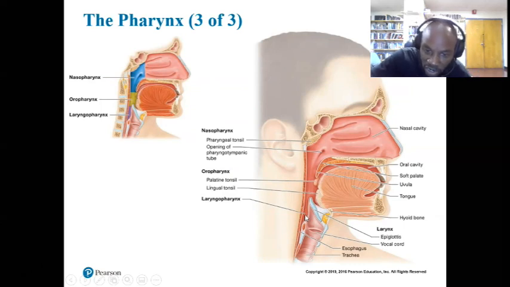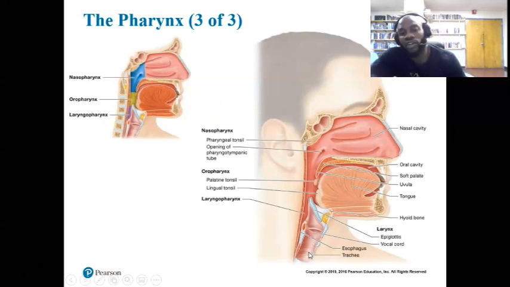And notice here you have the space behind the trachea, the esophagus, which probably should be drawn a little bit better in this picture because it looks like it closes and it's not closed, it's open. Anterior to the esophagus you have the trachea, okay?